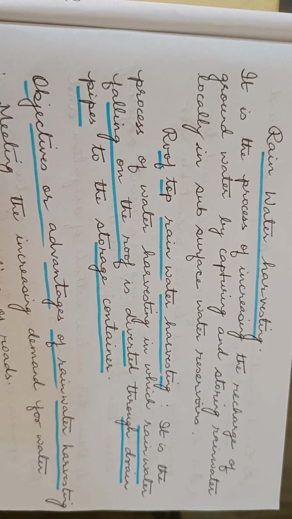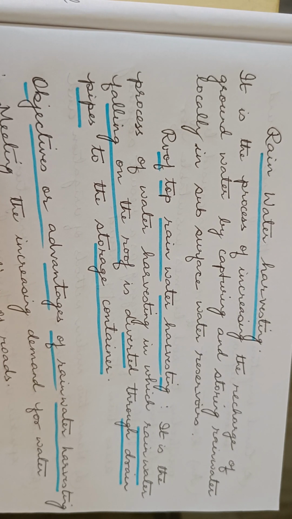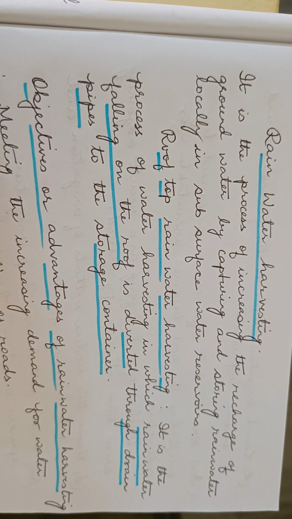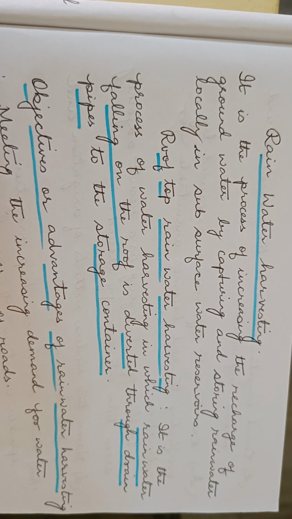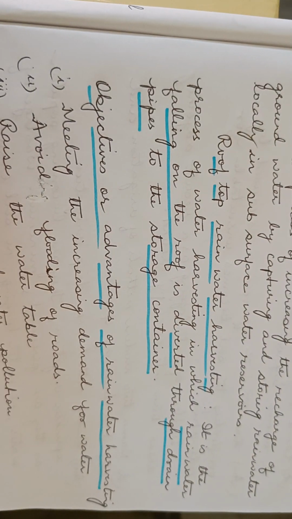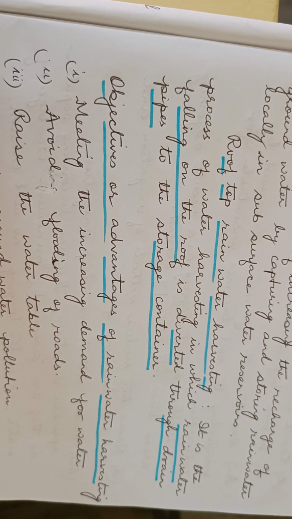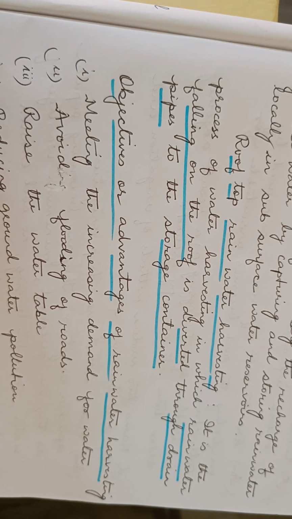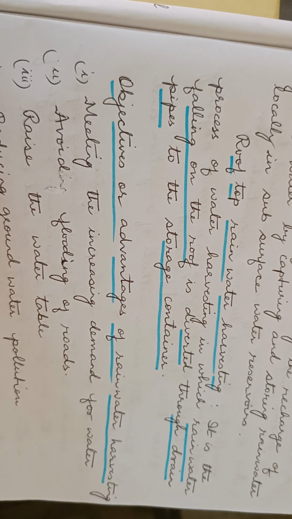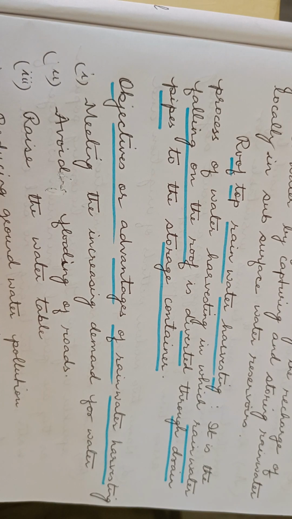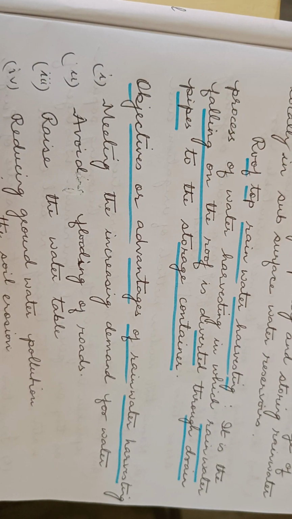So, rainwater harvesting means I am capturing the rainwater and I am storing the rainwater. Rooftop rainwater harvesting is a process of water harvesting in which rainwater falling on the roof is diverted through drain pipes, usually PVC pipes, to the storage container, usually underground.